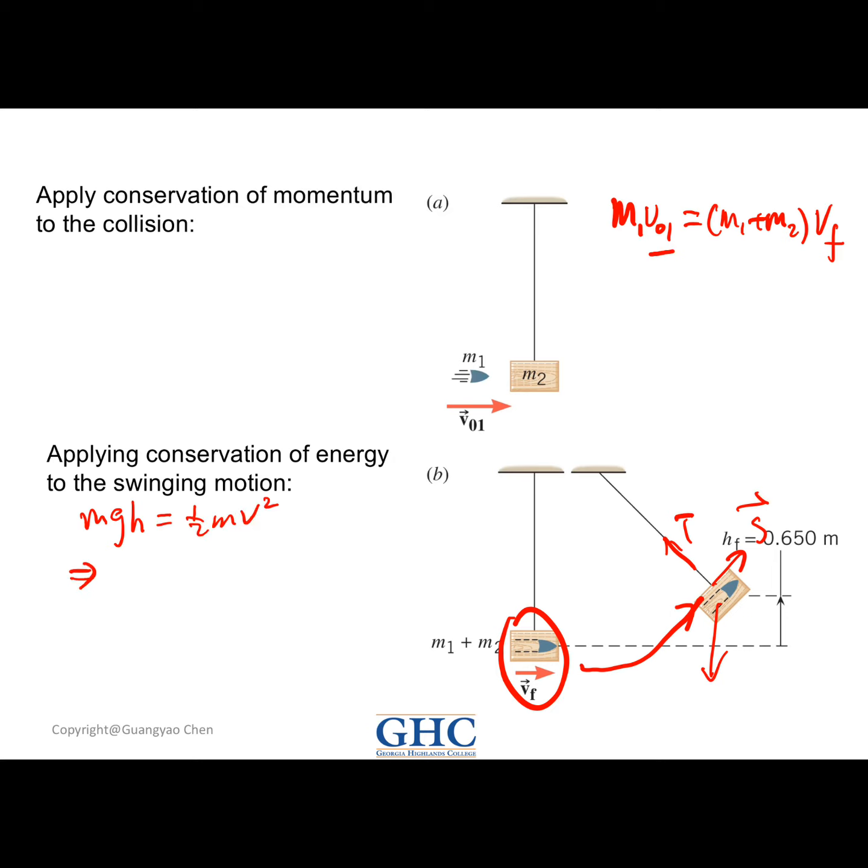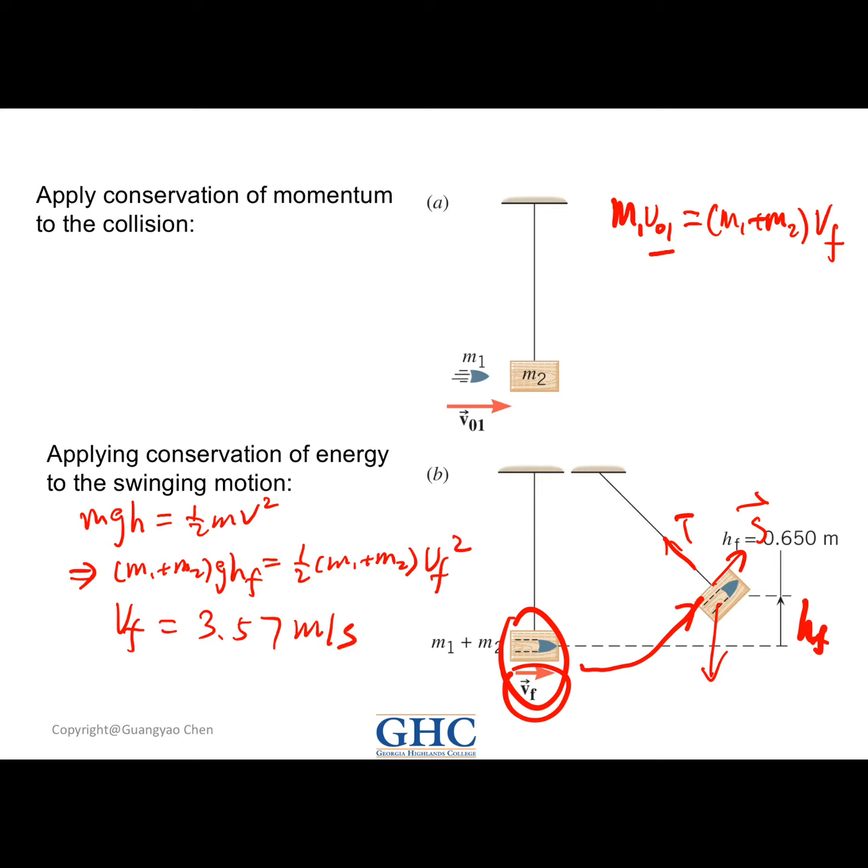So we find the relation between this height hf and velocity vf, and if you plug in all the numbers, you should find your vf equals 3.57 meters per second.